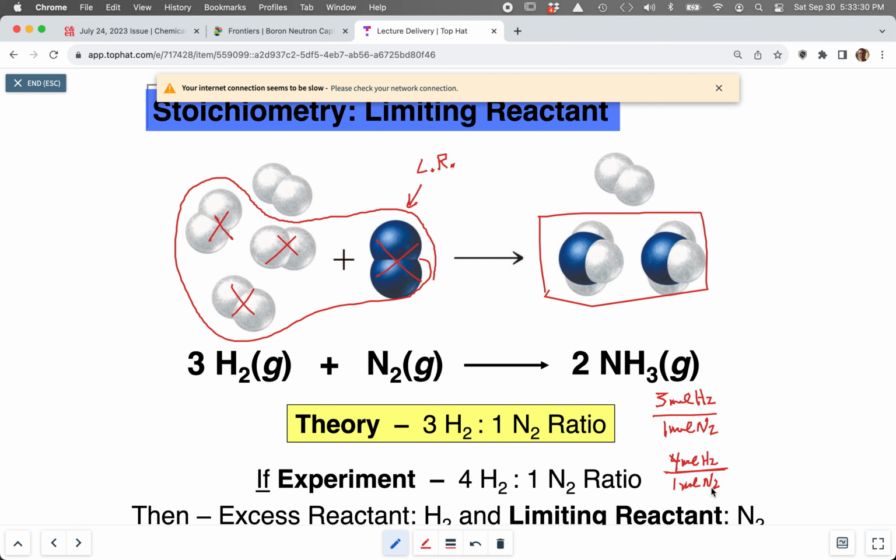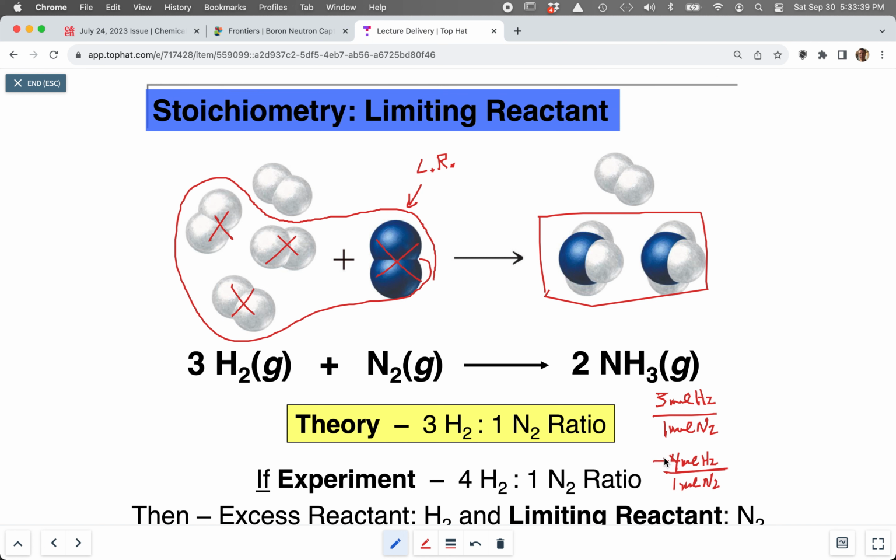So to consume 1 mole of nitrogen, I have 4 moles of hydrogen, but I only need 3. So that tells me, by examining the ratios here, that hydrogen is in excess. And that nitrogen, then, is the limiting reactant. So you can just do this by comparing the ratios.